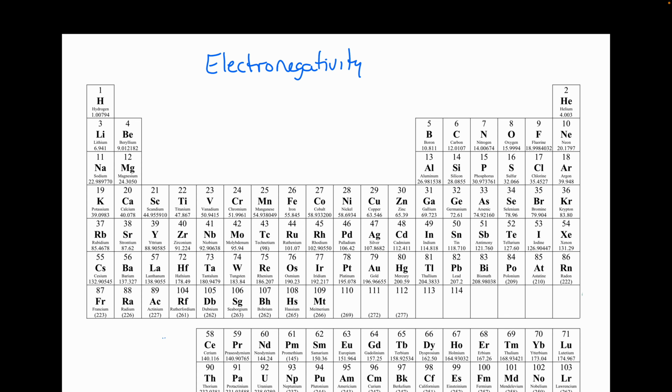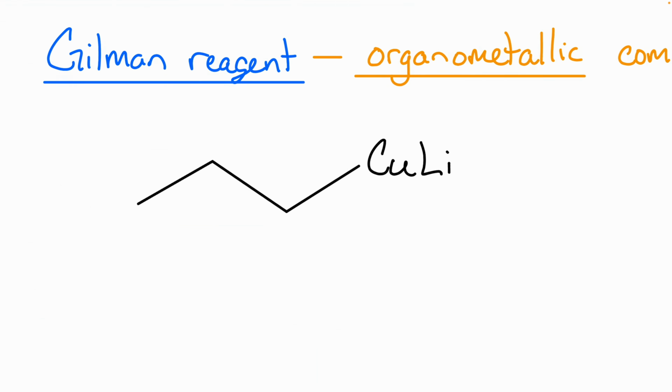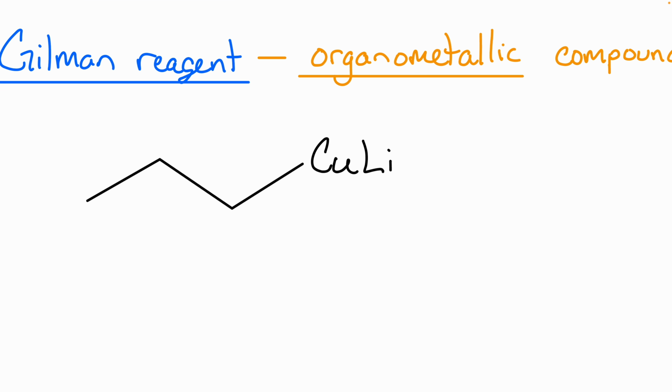So in this bond here, very different from what we're used to seeing, we have a polar bond, but it is the carbon that is hoarding all that electron density. So my carbon now is the more electronegative element in this polar bond. My metal does not have a lot of electron density.